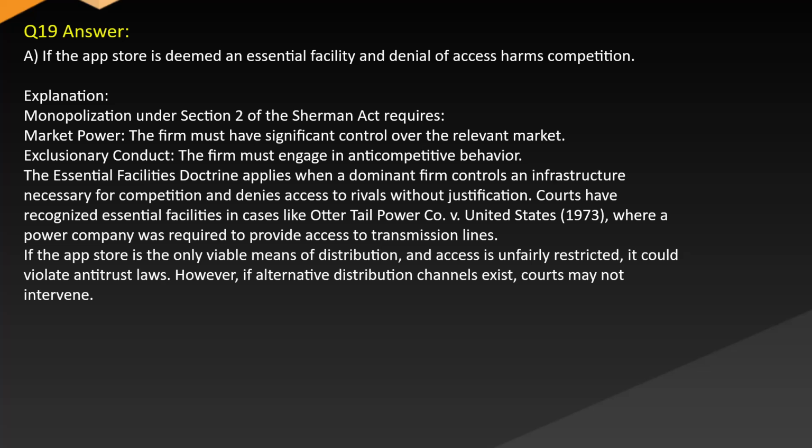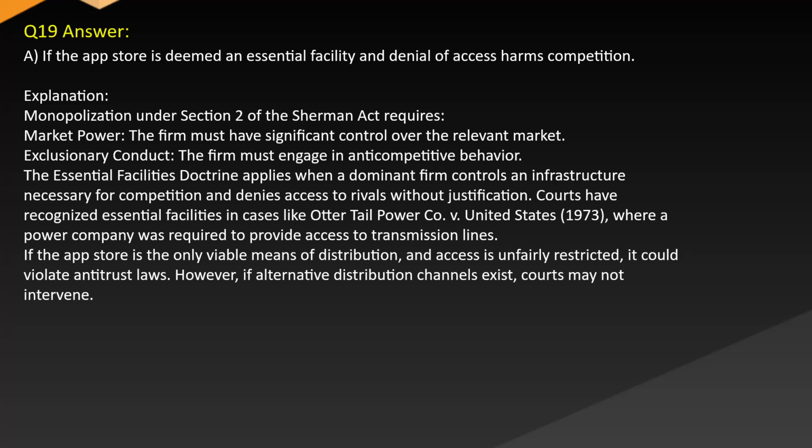Explanation: monopolization under Section 2 of the Sherman Act requires market power. The firm must have significant control over the relevant market. Exclusionary conduct: the firm must engage in anti-competitive behavior. The essential facilities doctrine applies when a dominant firm controls an infrastructure necessary for competition and denies it to rivals without justification.